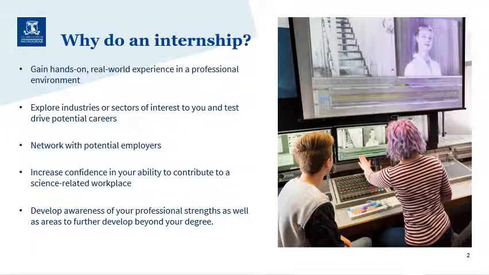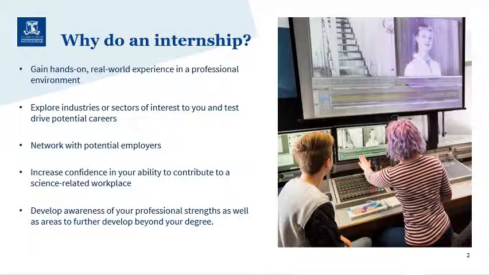Now, some students who do an internship via one of our internship subjects do go on to be offered ongoing employment with their host organizations. So that's not necessarily the end goal, but that is quite a common occurrence. So that's a really great outcome, obviously. You can increase your confidence in your ability to contribute to a science-related workplace and develop your awareness of your professional strengths, as well as areas to further develop beyond your degree.